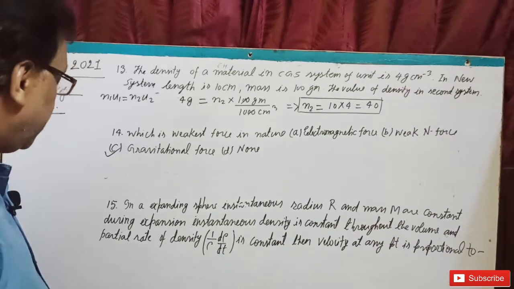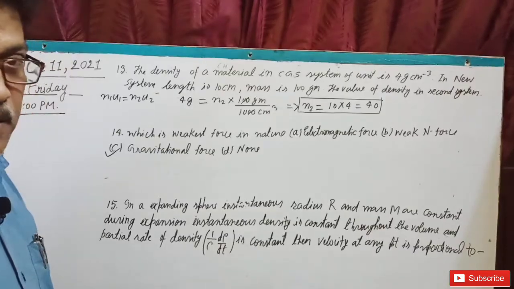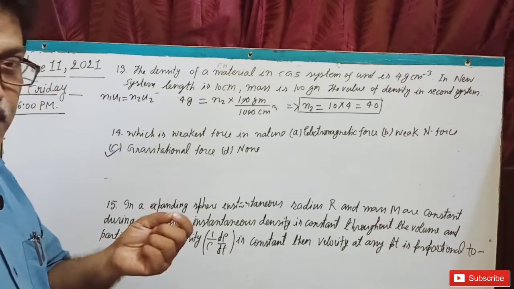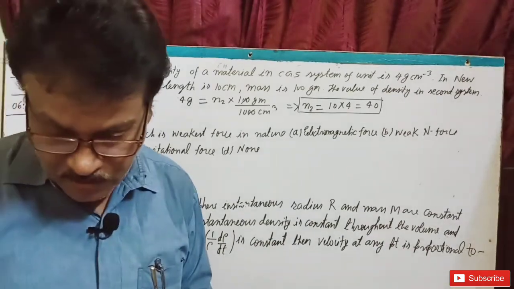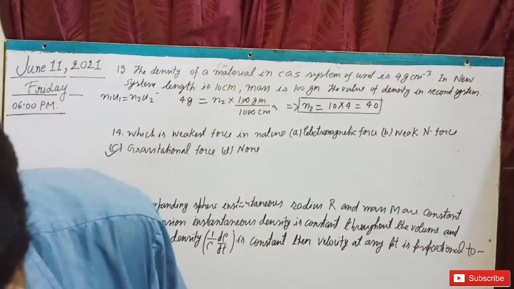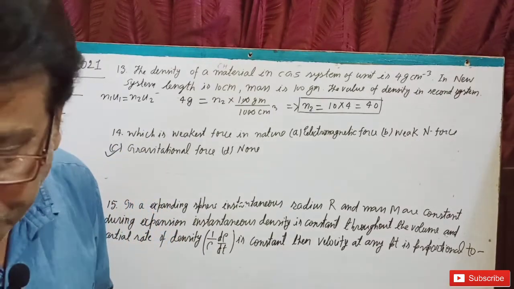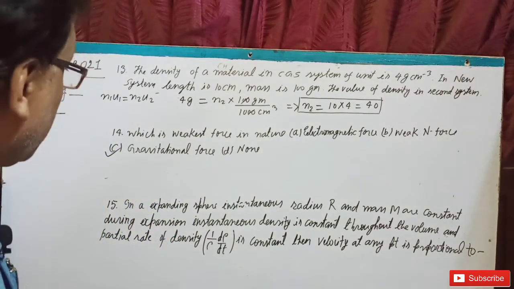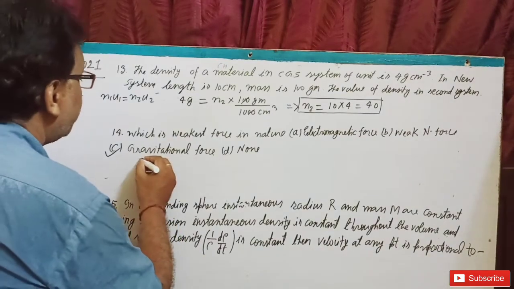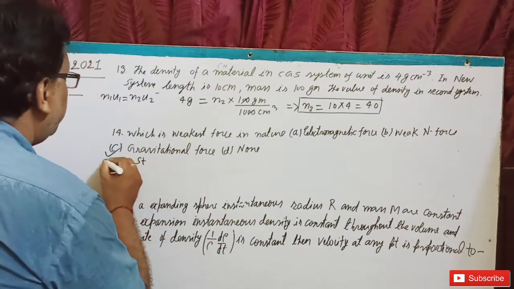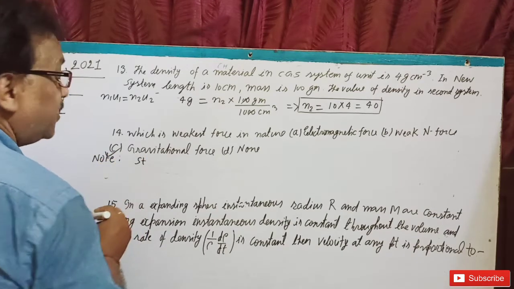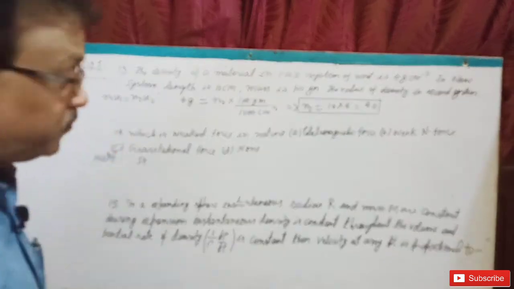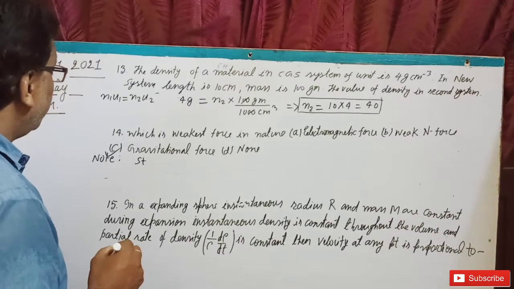But here I think one more piece of information is also necessary. So you write down, strong. It is for the note, not related to the answer of this question, but for your note.